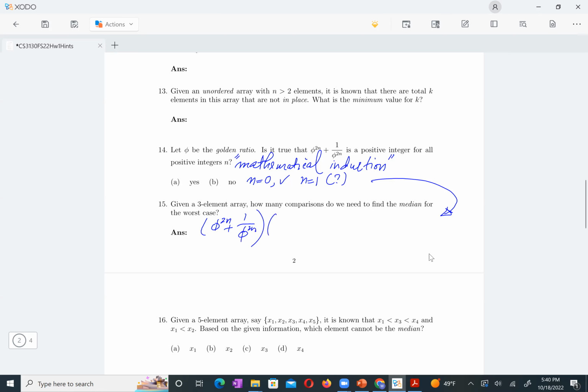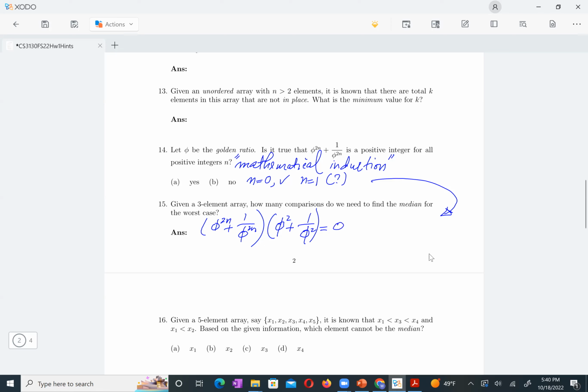Multiply. This step, usually people do not realize to do this operation. Here, let me just do it.